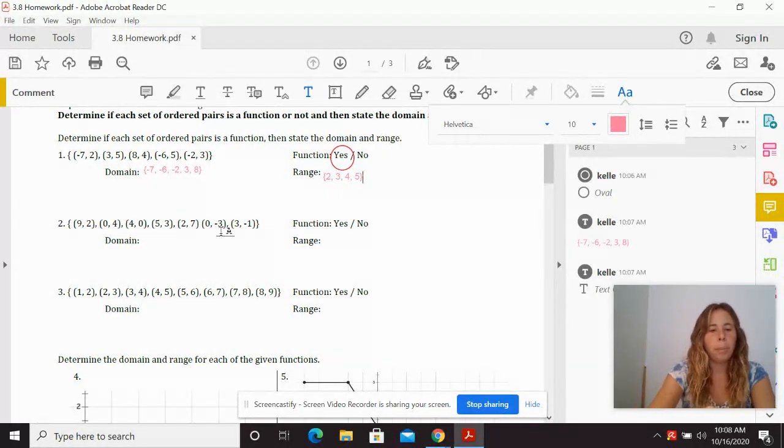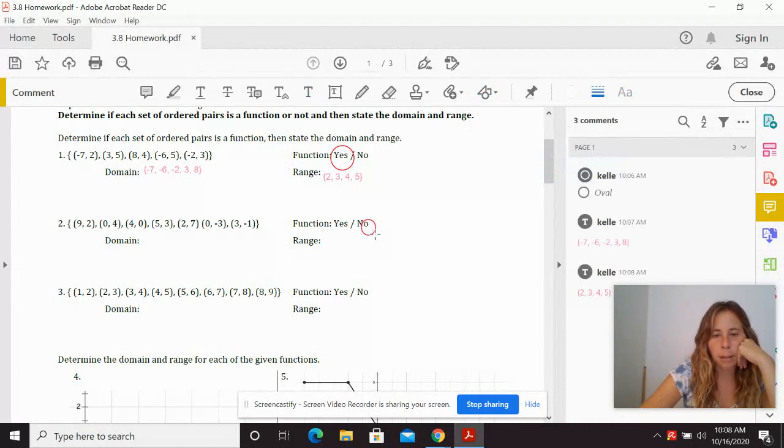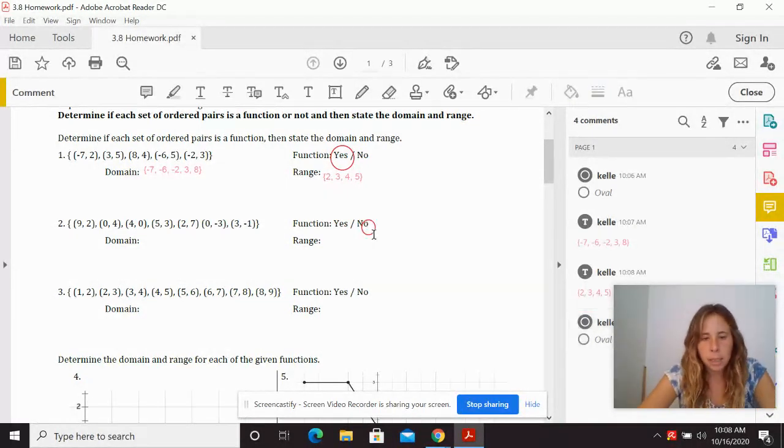Nope. I have two x values that are 0 and they're equal to different numbers. So no. Not a function. My x value is not being exclusive.